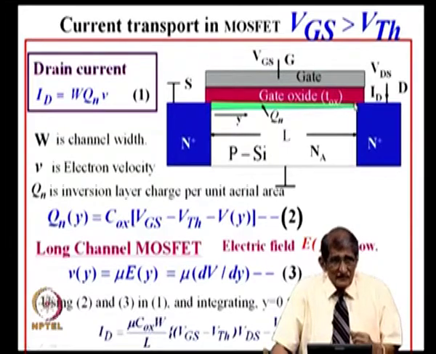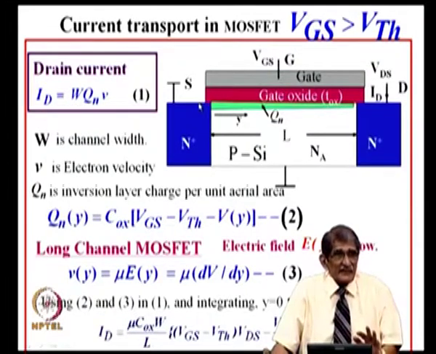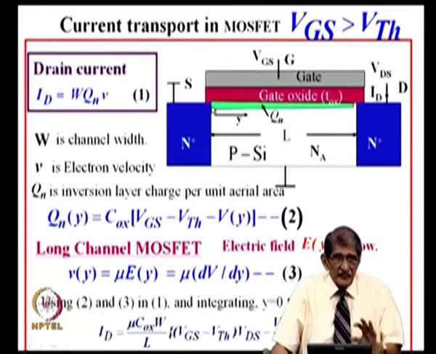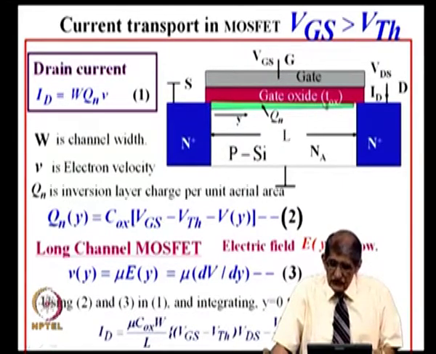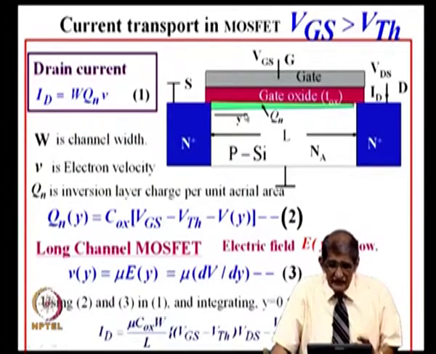When this has just opened, and beyond that point, if you consider this as a resistance, that resistance value remains the same, because the charge distribution remains the same. The voltage at this edge is V threshold, and the voltage at this edge is VG minus V threshold, which is available for charge. So, the total charge is the same, and the voltage drop from here to here remains the same.